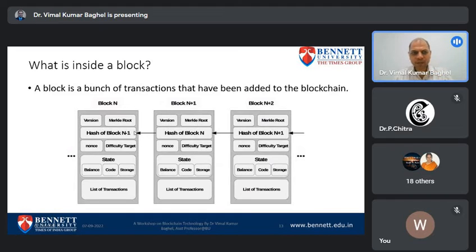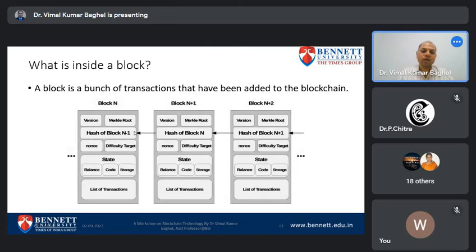All right, so what is inside a block? A block is basically a bunch of transactions that have been added to the blockchain. You can see here there are n number of blocks, and every block has its version and its Merkle root. That Merkle root holds the summary of the transactions in terms of the Merkle tree, and then we have the hash of block n-1, that is, the nth block will have the hash of the previous block.